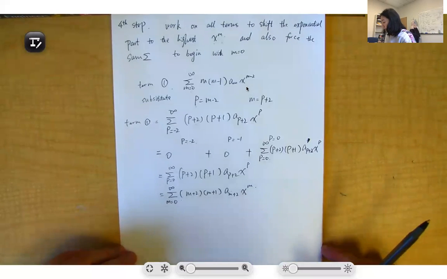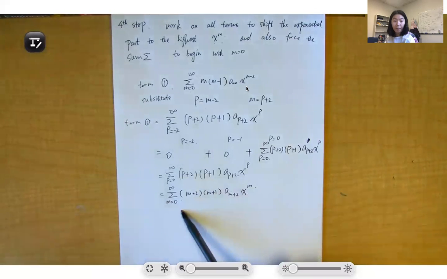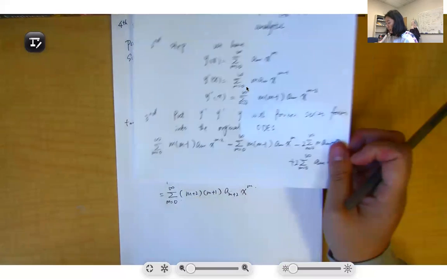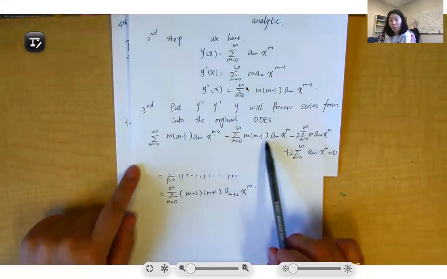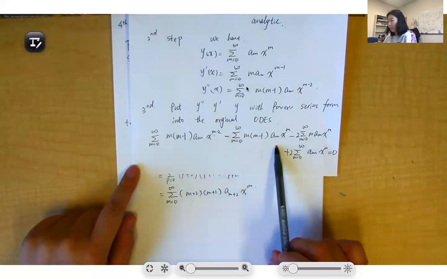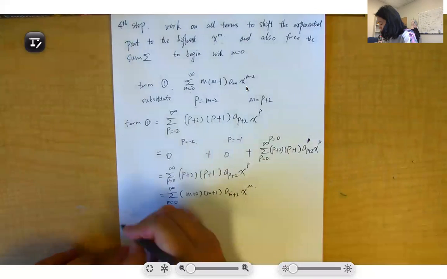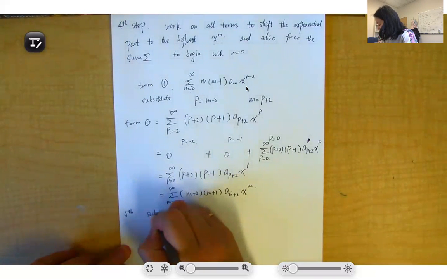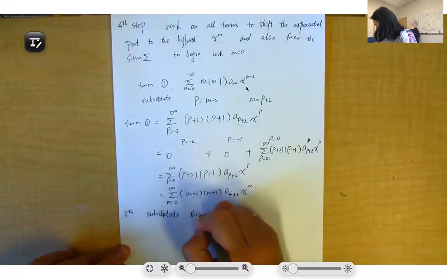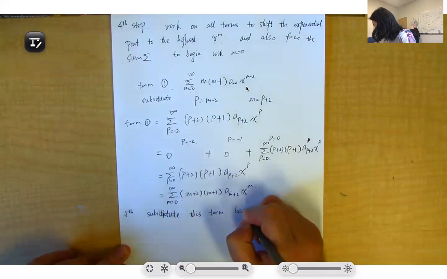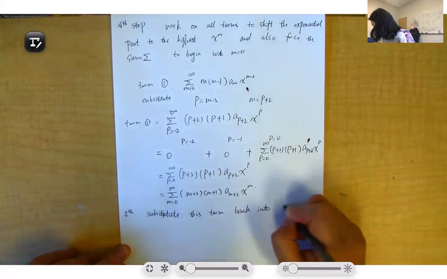The next part is we just need to put this term back into our original sum, okay? So we just need to replace the first term with this one and come back to our original equation. So the next step is to substitute this term back into the ODEs.